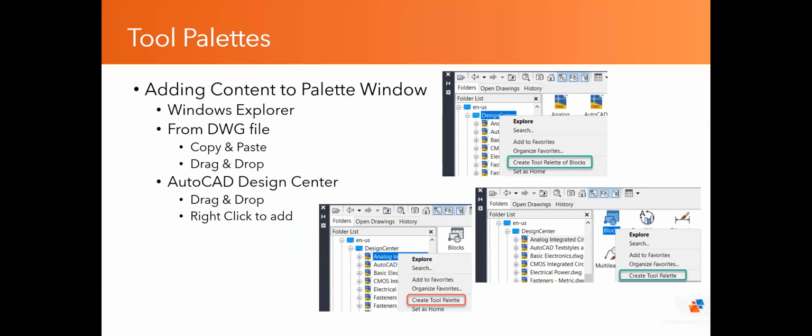You could open up Windows Explorer and drag and drop items or DWGs or blocks onto the palette. Design Center is another way. If we launch the Design Center and drag the symbols one at a time, or an entire collection, you could grab a set of blocks or the entire blocks from specific drawings to make your own tool palettes.